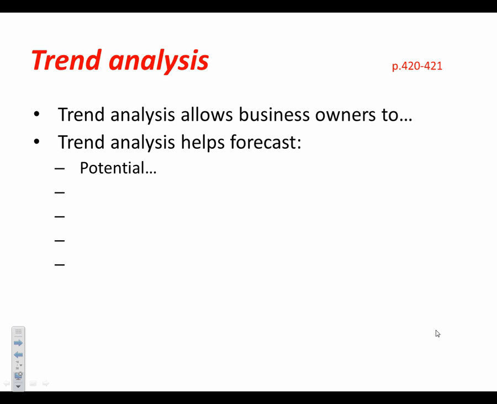So the areas trend analysis helps to forecast are potential sales, total revenue, total operating costs, gross and net profits, and availability of labour. They're your 5 main issues where you need to forecast and try and pick the trends.